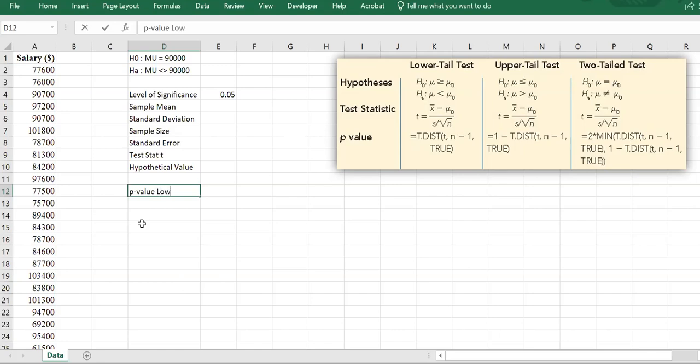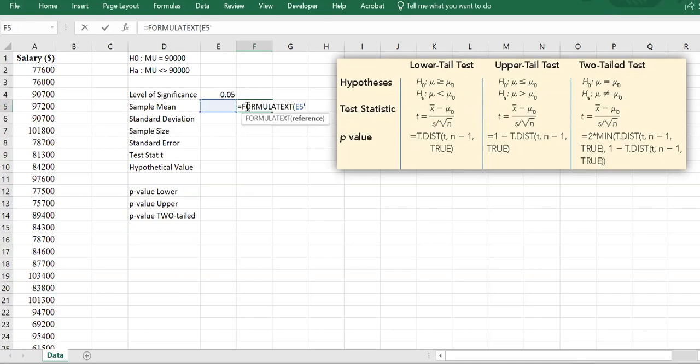Because of that, it's always safer to do the whole process: lower tail, upper tail, and two-tailed. And then we make the conclusion. This is basically what we need to do.